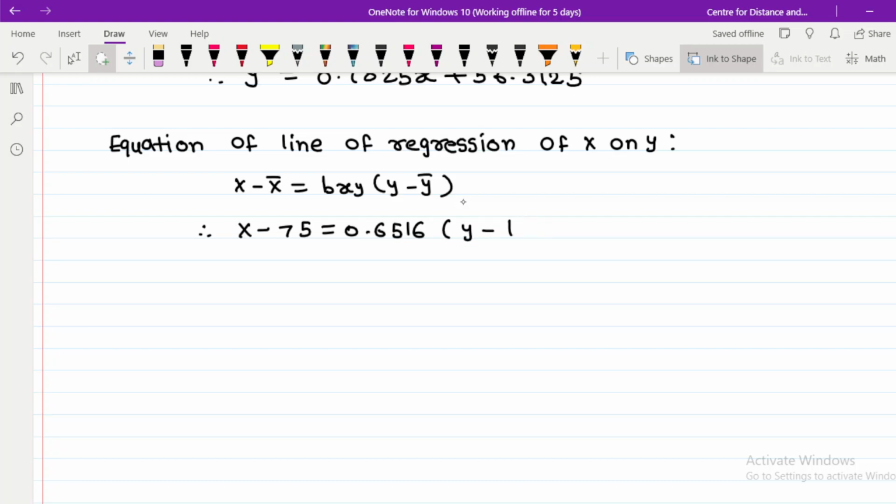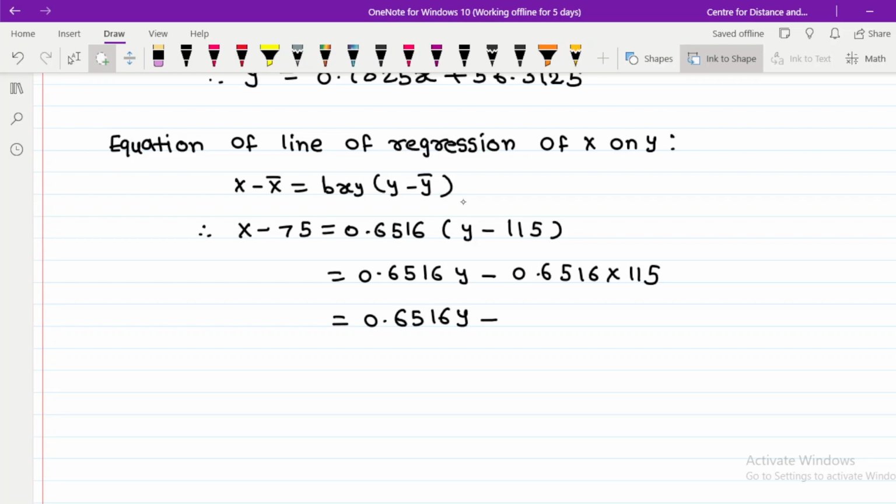The value of y bar is 115, so it is 0.6516y minus 0.6516 into 115, which is 74.934.